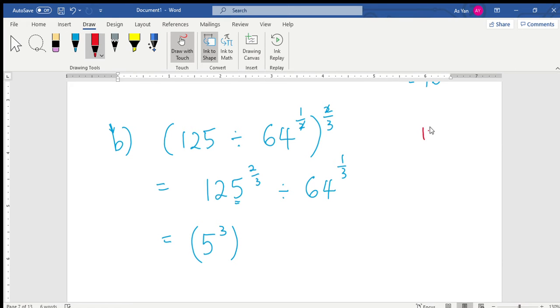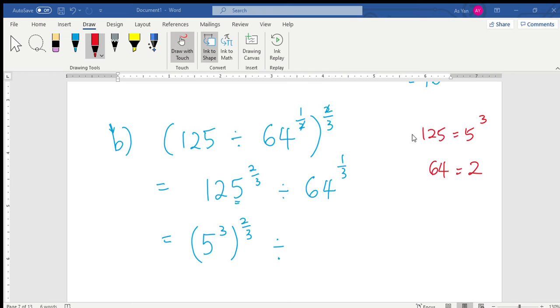So raising the power of 2 over 3, divided by 64. 64 you can change to base 2. 64 equals to 2 to the power of 6. Click calculator, 2 to the power of 5 is 32, 2 to the power of 6.